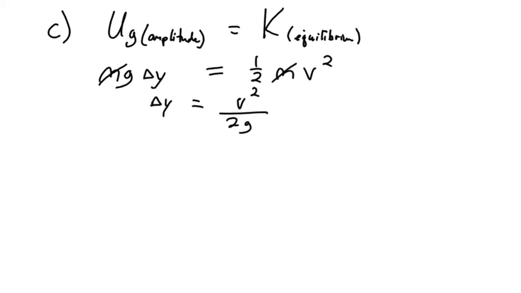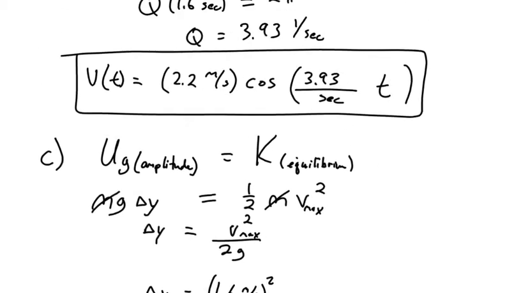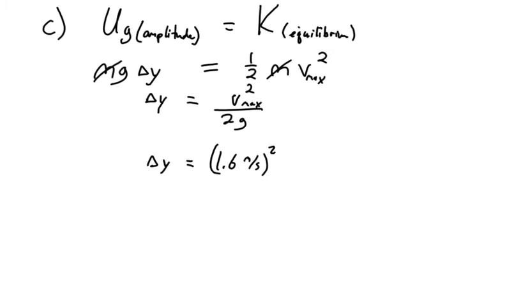And here we're talking about our maximum speed. I should make a note there. So our delta y is going to be equal to that 1.6 meters per second squared. Actually, that number's not right. I think it's 2.2. There we go.